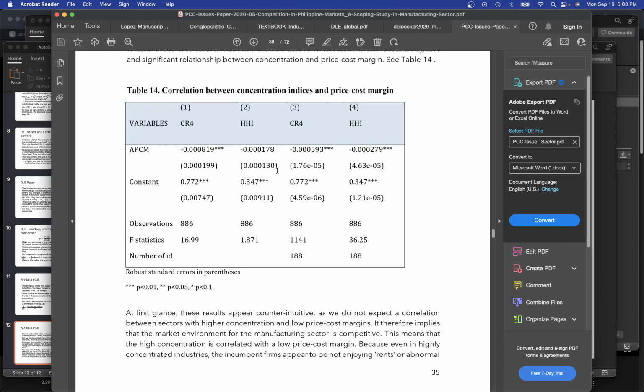Let's look at the PCC paper. They use a different data set, and in this data set, what they've got is basically a constant rate here, except for a large increase in 2012 of 0.23. It depends on whether you exclude these capital intensive industries here.